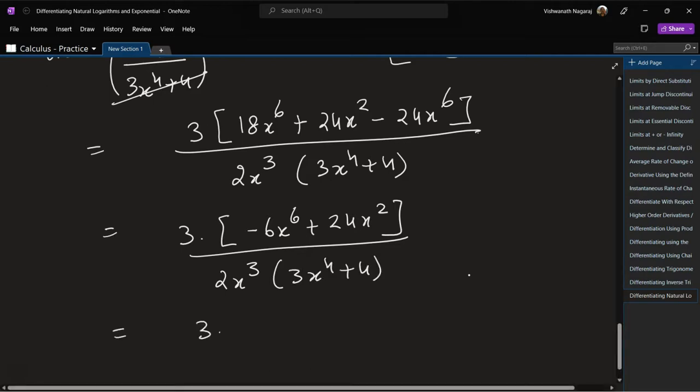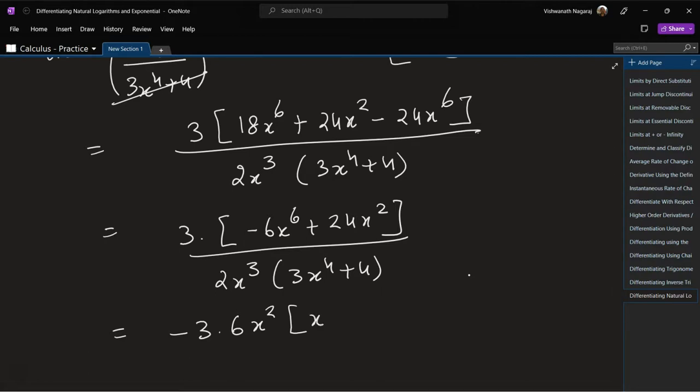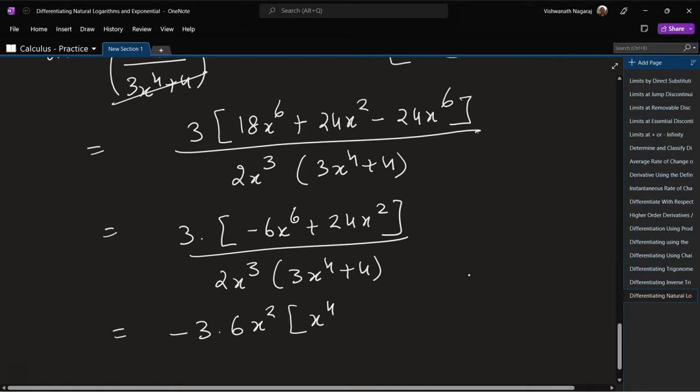3 times. Let's take minus 6 out and x square out. So we have minus 6x square has gone out. So x to the power of 4 minus 6 fours 24, and x square has gone out.